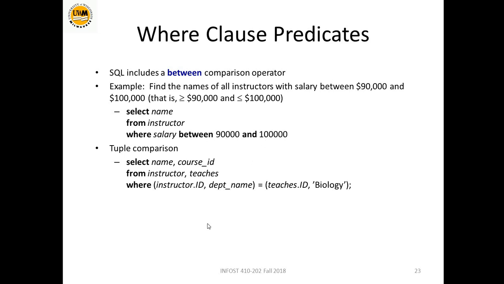Or we can have more than one tuple in one where condition. So select name and course ID from instructor and teaches where instructor ID and department name equals teaches ID and biology. It's equivalent to where instructor ID equals teaches ID and department name equals biology.